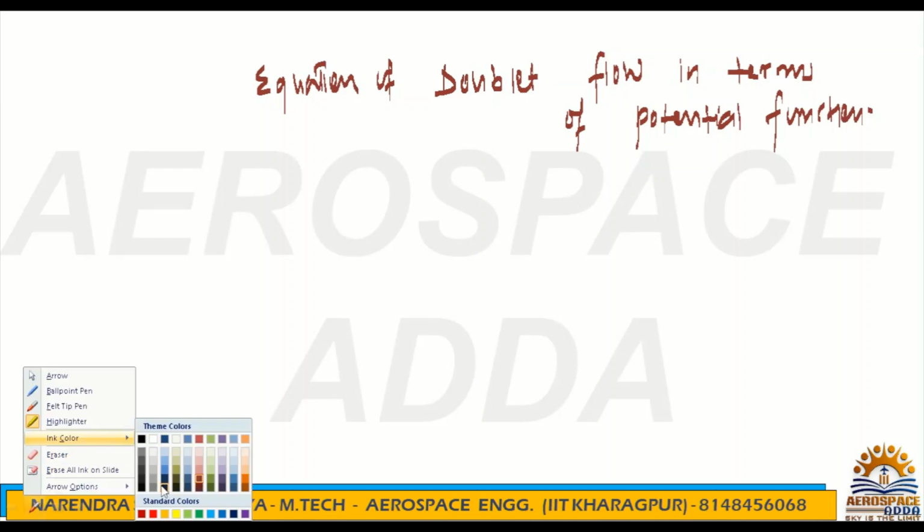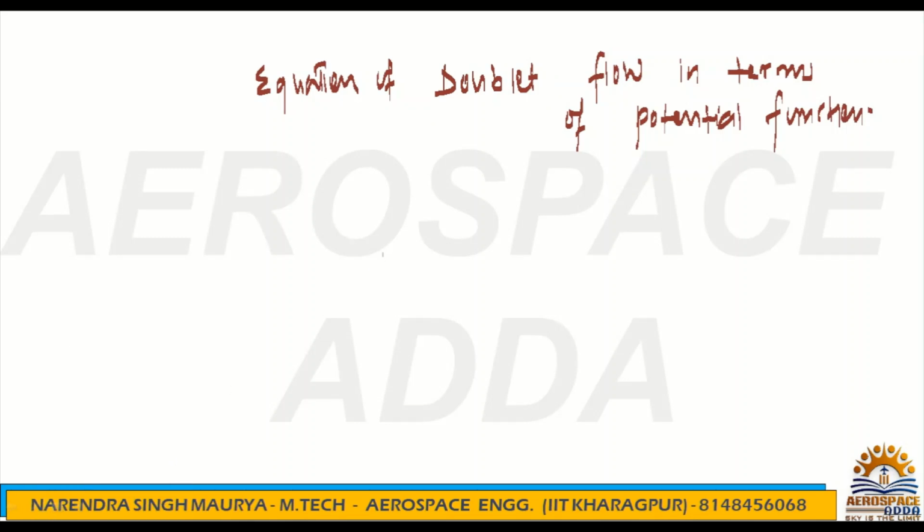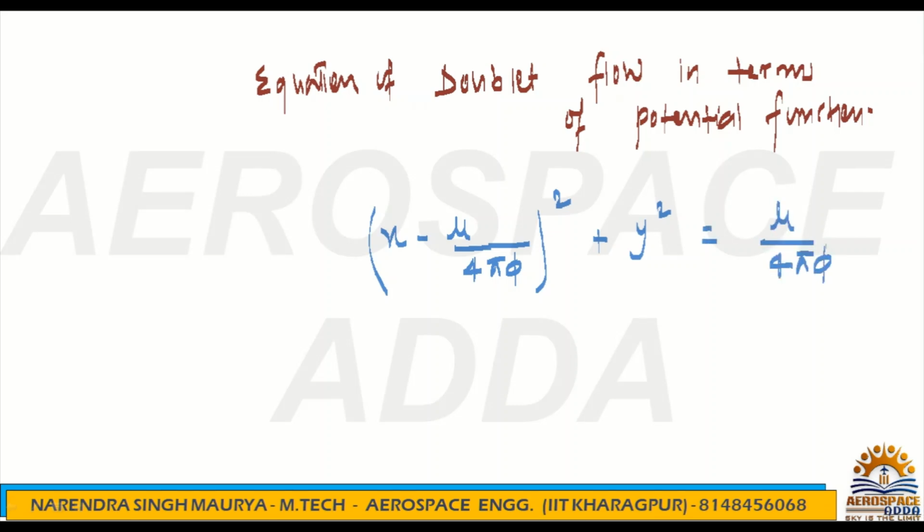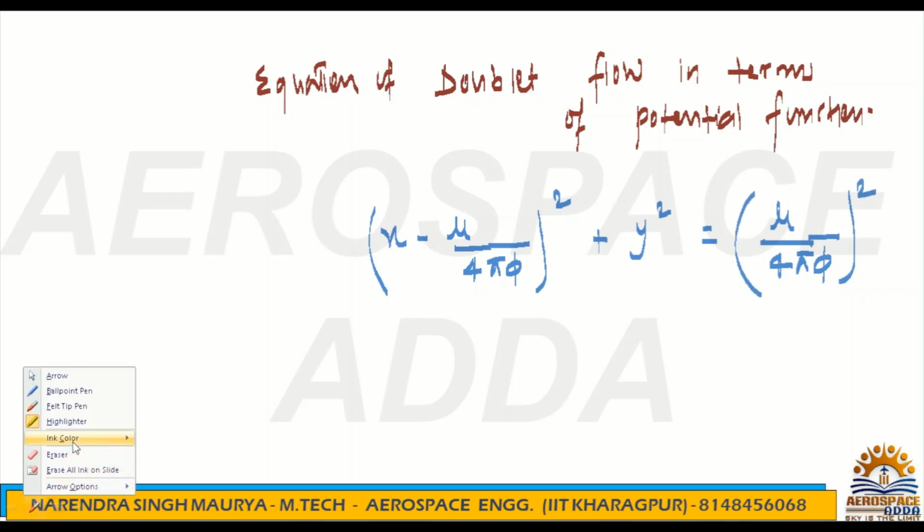The standard equation you have to write is (x minus mu upon 4 pi phi) whole square plus y square is equal to (mu upon 4 pi phi) whole square. See, this is also the equation of a circle. Yes or no?